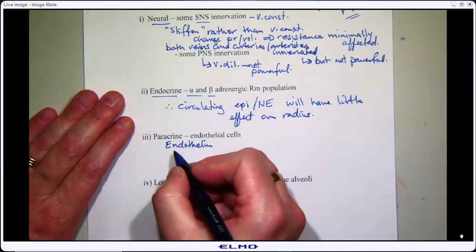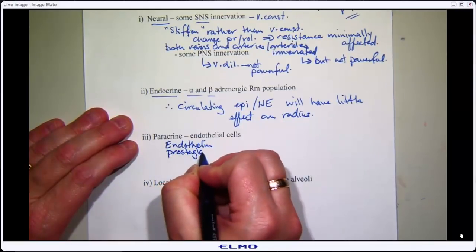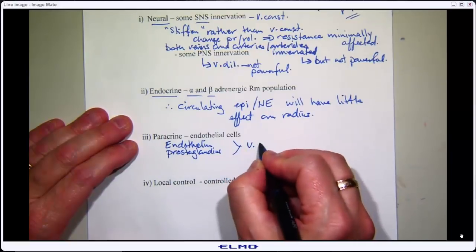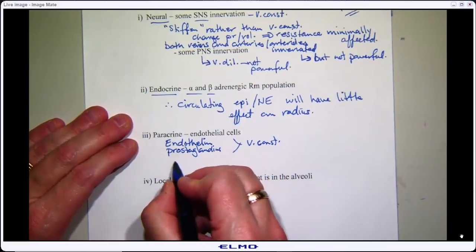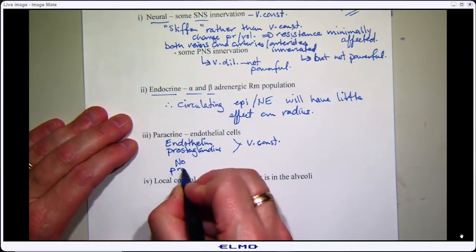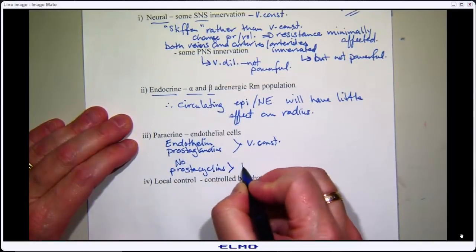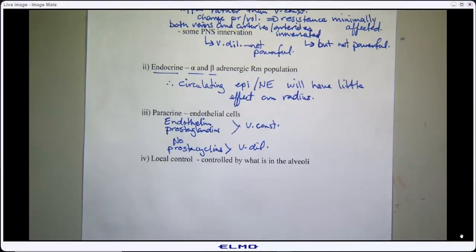So things like endothelin and prostaglandins, which can both cause vasoconstriction, and things like nitric oxide and prostacyclins will cause vasodilation. So this would be something in the local environment that endothelial cells would communicate with smooth muscle cells to change their behavior.